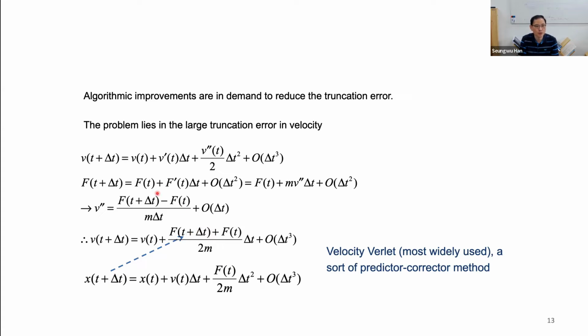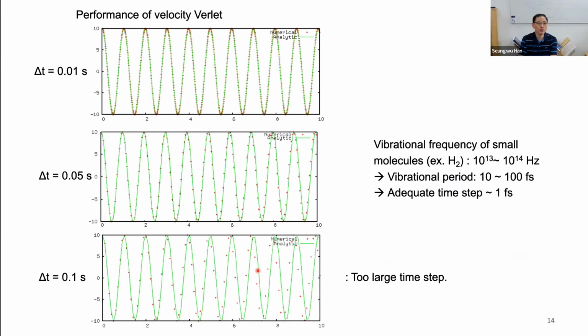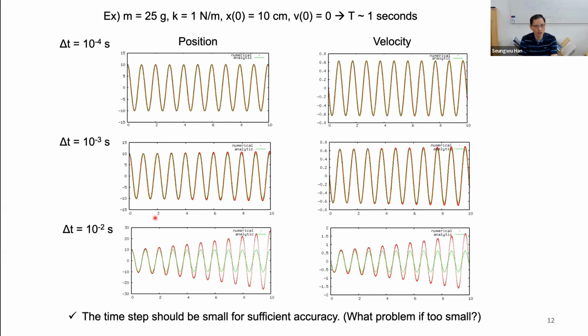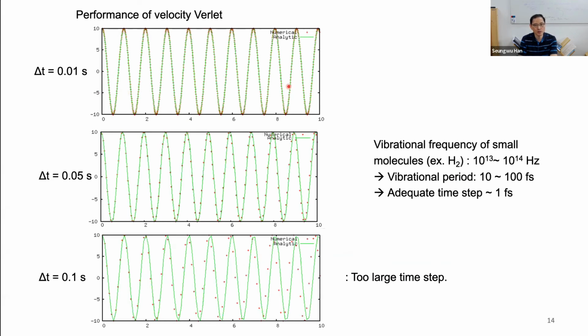Using this force, we can now obtain this difference, and then we have the second derivative of the velocity, which reduces the truncation error in the velocity. This is the most famous so-called velocity Verlet method, a sort of predictor-corrector method. Using the velocity Verlet algorithm with the same time step delta t of 0.01 second, which gave a huge error in the naive method, the result is almost identical to the analytic solution.